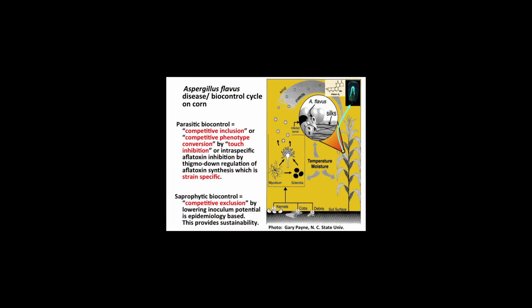This is what we understand. This is biological control according to Damann, okay? Not everybody may agree with this. I think there's what we call parasitic biocontrol. This occurs in the infection court. In the silks, these spores fly up here, the atoxigenic one lands and begins to grow.